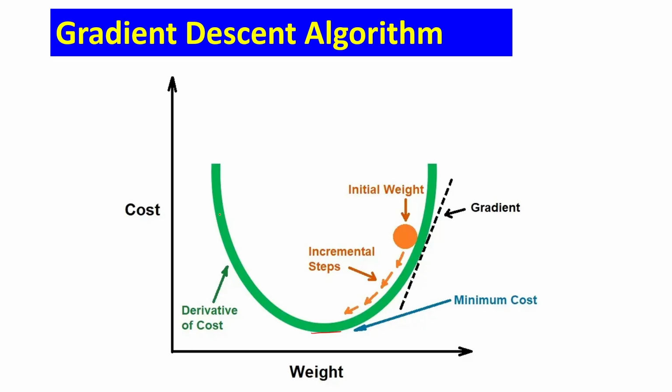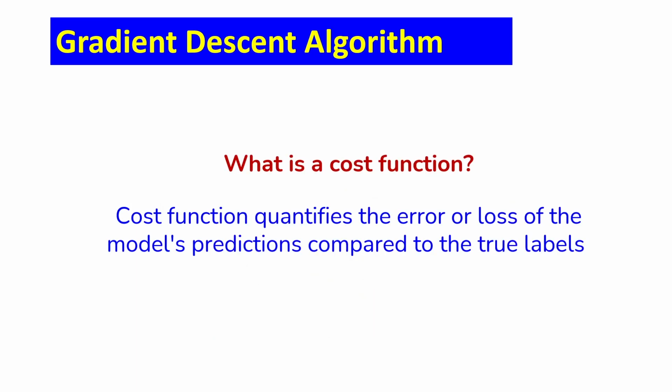You can clearly see, that is your negative slope, this is your positive slope. So, you can move in both directions and this is your incremental step, which is the learning rate. So, finally, your goal is to reach this minimum cost point.